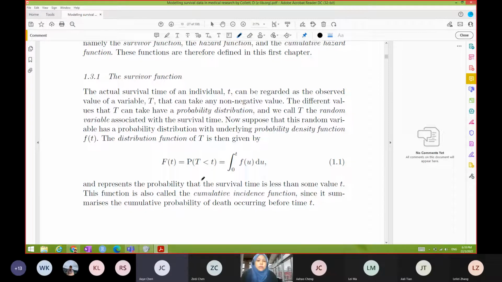So this probability distribution function, where T is a survival time less than some value t, which is equation 1.1, is called the cumulative incidence function, since it summarizes the cumulative probability of death, which is your event, before time t. If some events happen, this is the cumulative probability of death. So we start with F(t).